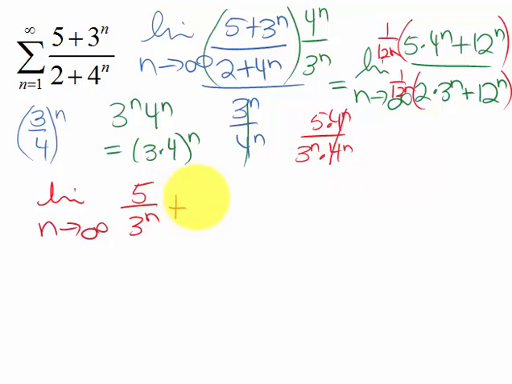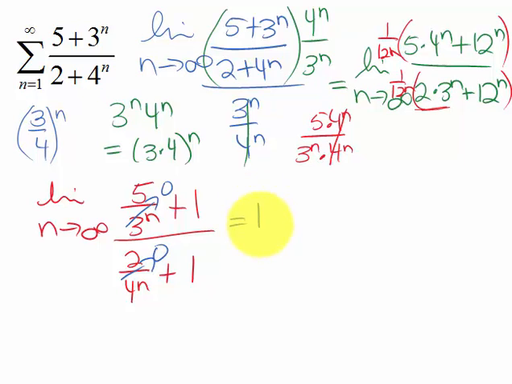And so then I have plus 1, 12^n over 12^n, and then that's going to be over 2 over 4^n plus 1. Same kind of thing here. The 3^n piece cancels and leaves me my 4^n. Now as we let n go to infinity, these two terms go to 0 and we get 1.